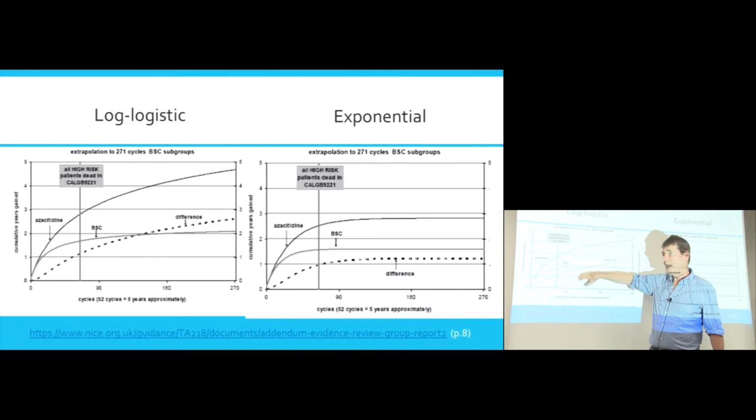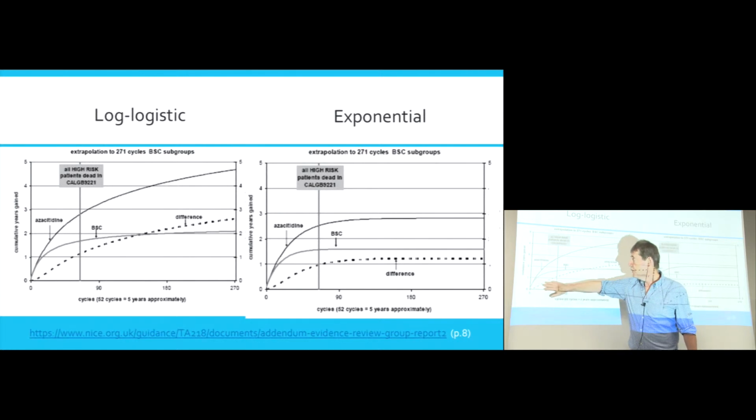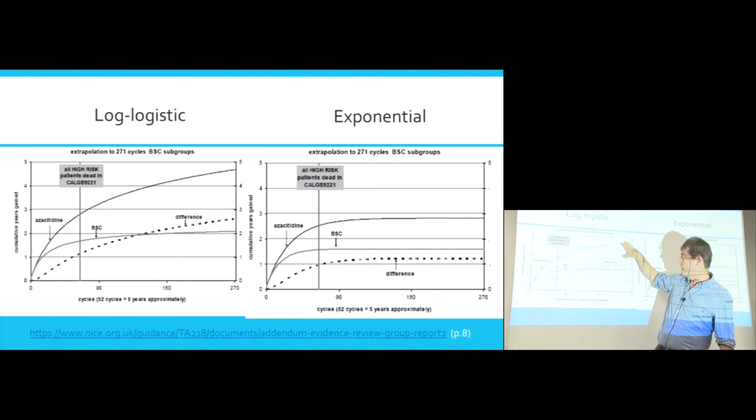And by about 10 years, it's not really increasing, and so virtually everybody in that patient group is dead. By contrast, the azacitidine patients are still alive way out here at 20, some of them at 25 years, because the curve's going up and up.